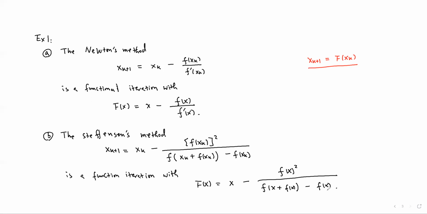There are many examples. How about an example of an iteration that is not a functional iteration? The secant method is not. Let's see.